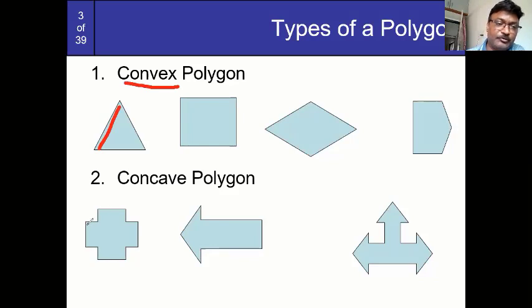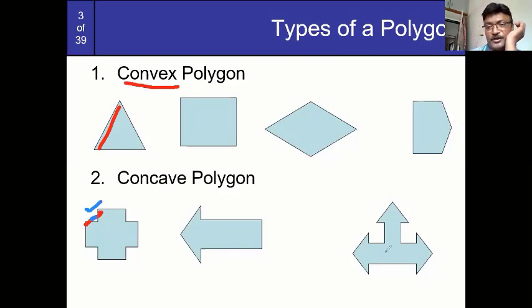Suppose you consider any 2 points that are both inside the polygon, and then I join the line. See, some part of the line is outside the polygon. Some part of the line, this part of the line, is outside the polygon. So this polygon you can say is a concave polygon.